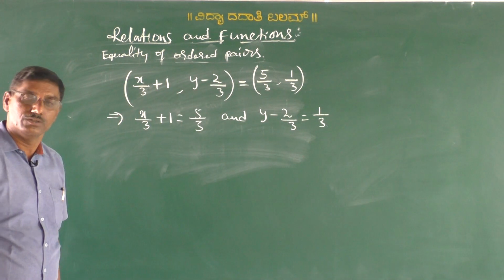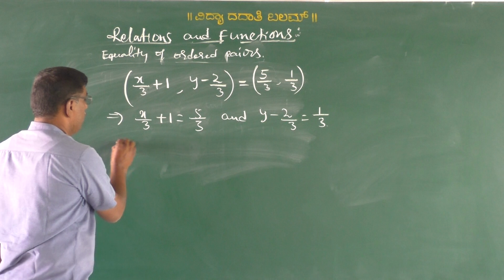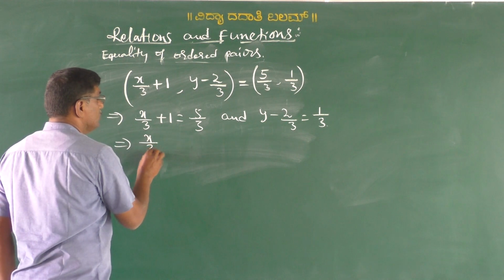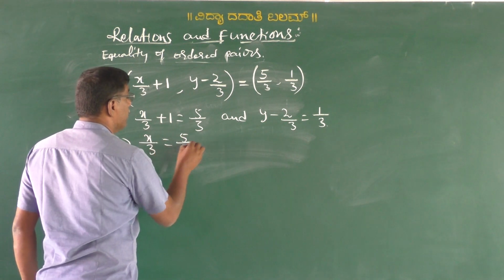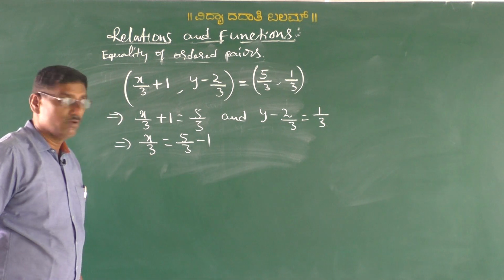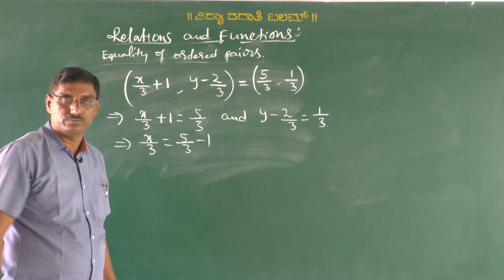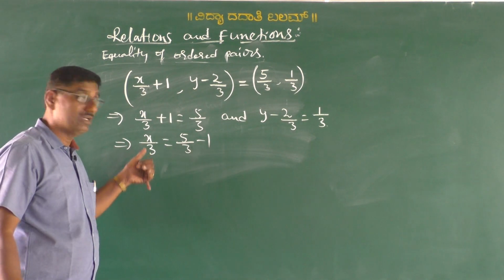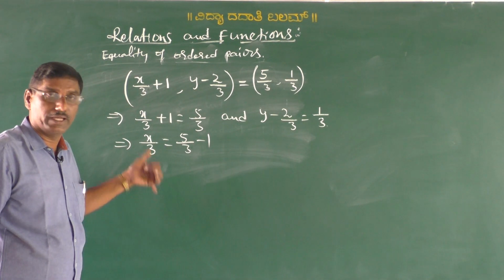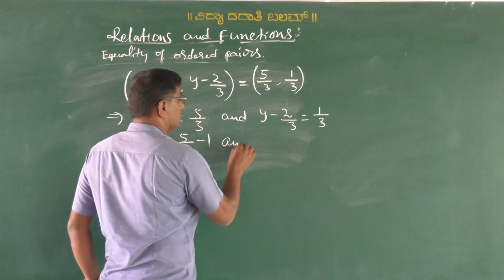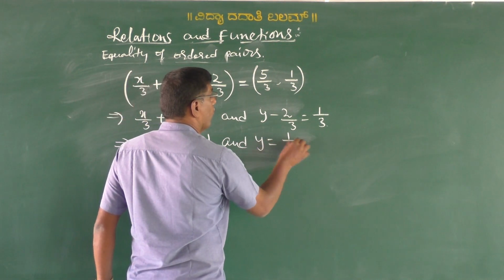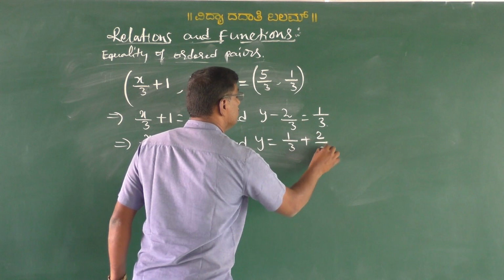Isn't it? From this we can write x by 3 is equal to 5 by 3 minus 1. Yes, we transposed plus 1 to the RHS side, since we want x by 3 here, and y is equal to 1 by 3 plus 2 by 3.